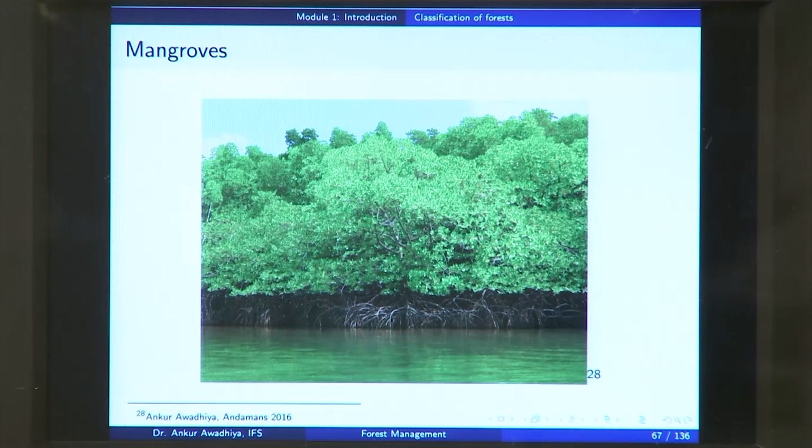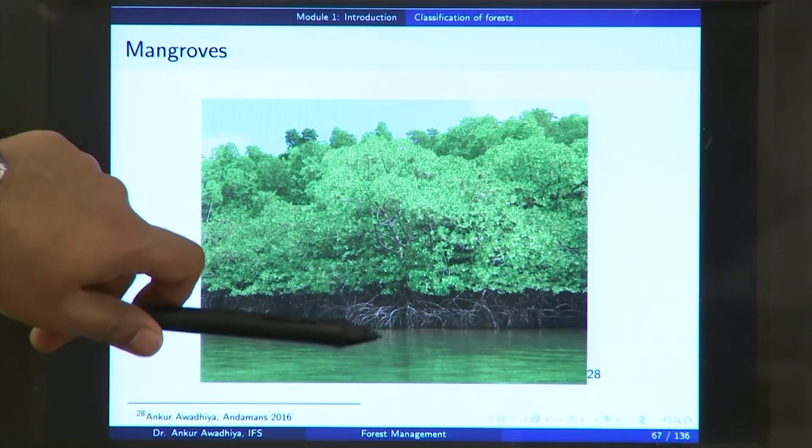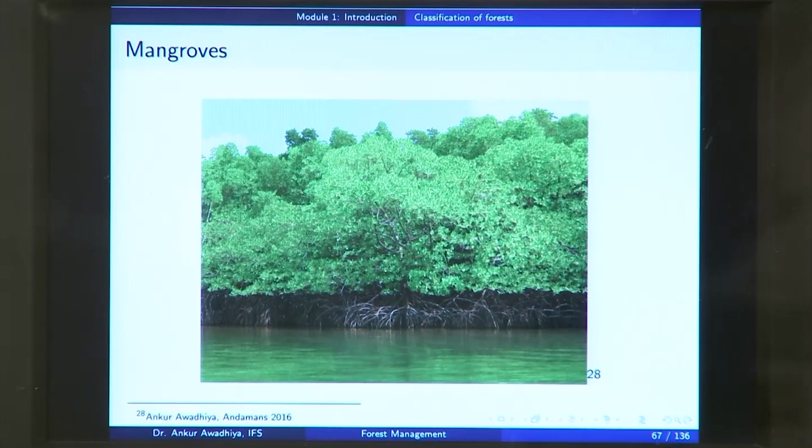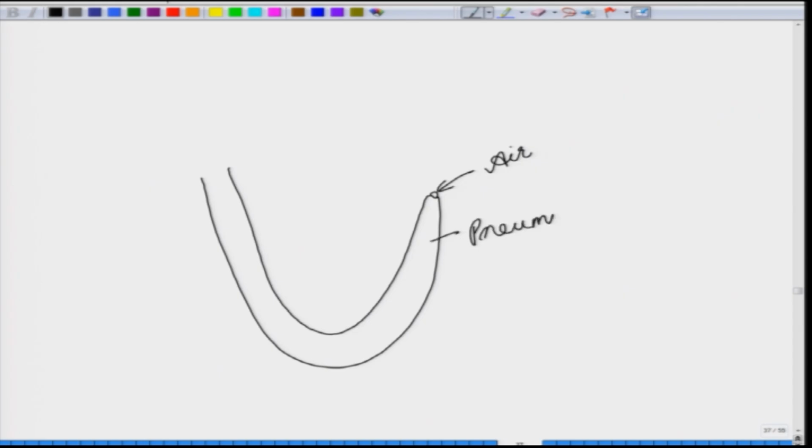So, this is an example of littoral vegetation, and in these mangroves you can see that these roots are of such a manner that they are able to keep the plant above the water, and these roots also have pneumatophores, which are adaptations in which your roots will move like this, and there will be a hole for air, and so this is a pneumatophore, and this is your water level.